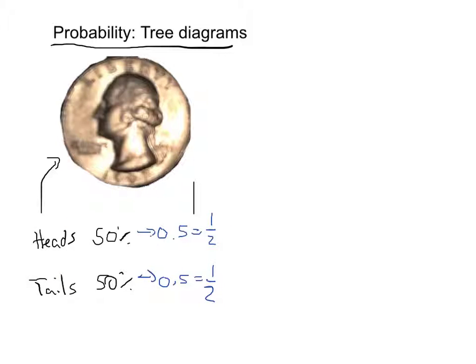1/2 and 1/2. Now if I'm going to take this coin and I'm going to throw it, this is what I can actually do. Well, there's two possible things that can happen. Either I get heads or I get tails. The chance of getting heads is going to be 1/2 and the chance of getting tails is going to be 1/2.